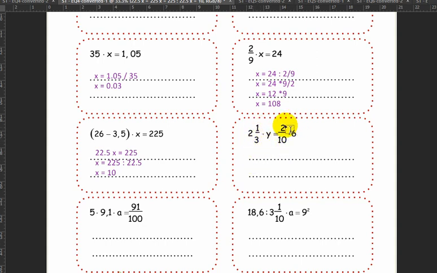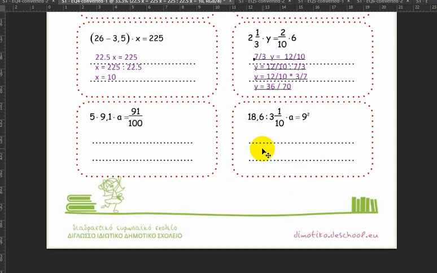Let's turn this into an improper fraction, and at the same time do this multiplication. 2 and 1/3 will become 3 times 2 is 6 plus 1 is 7 thirds y equals 12 tenths. So y will be equal to 12 tenths divided by 7/3, which we can leave like that.